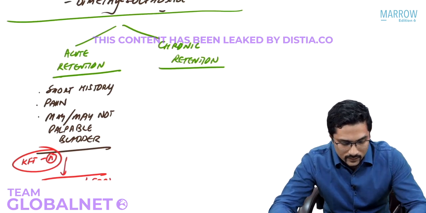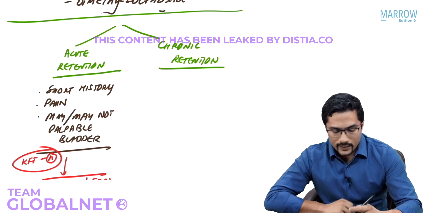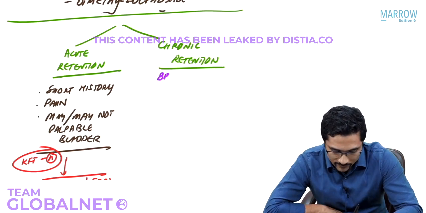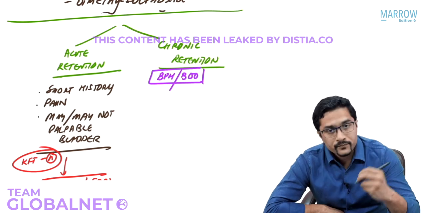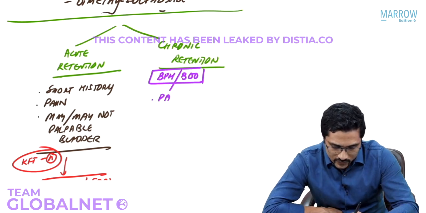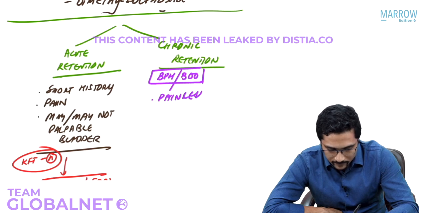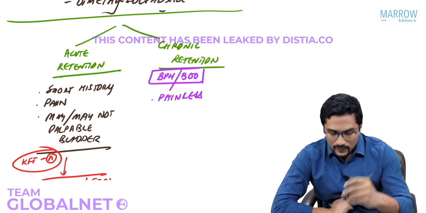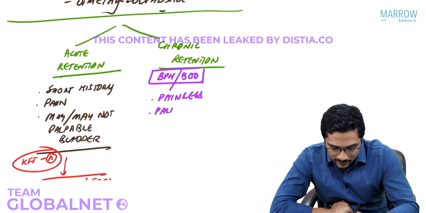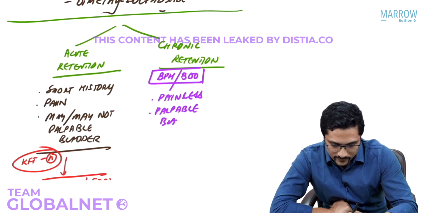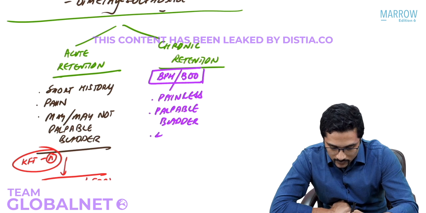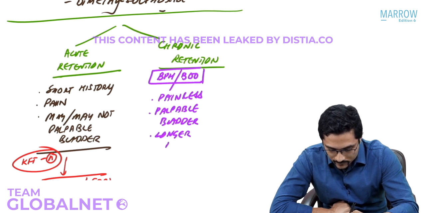Chronic retention can occur in a patient of benign prostatic hypertrophy, bladder outlet obstruction. These patients are painless, right? And there will be a palpable bladder because there will be huge retention, with a longer duration.